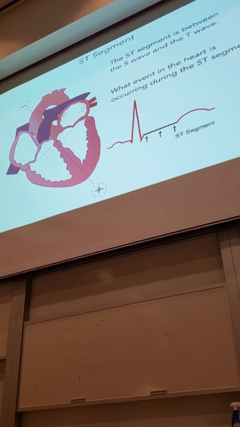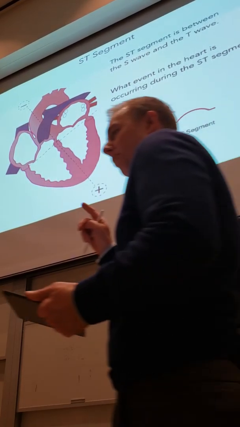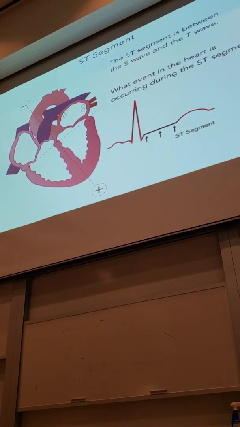What is happening here in this ST segment? This, by the way, segments are just referring to the space, the lines between the waves. Okay, so QRS, S is at the bottom of that complex, and T wave. What's happening here electrically? Looks like nothing, right?